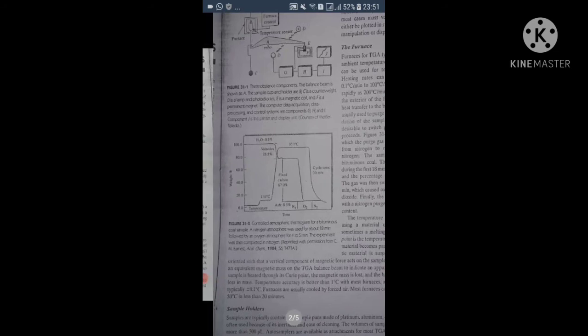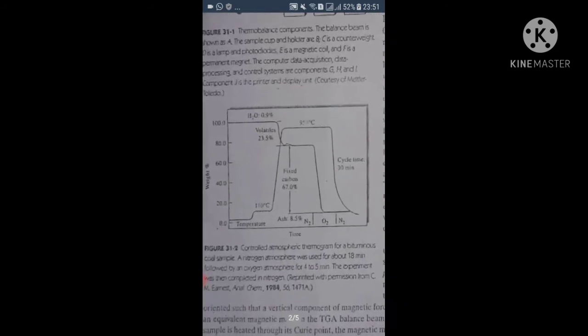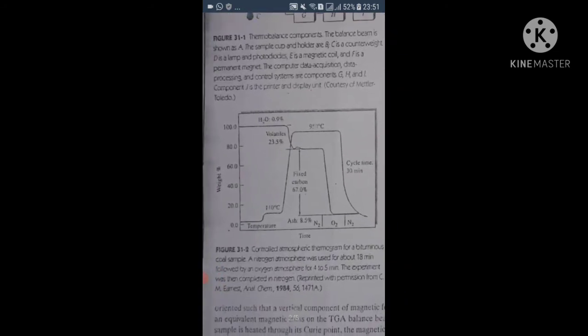For some analyses it is desired to switch purge gases as the analysis proceeds. Now here is the TGA graph 31-2 of bituminous coal analysis.